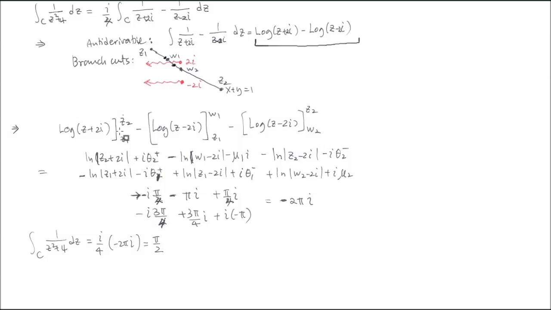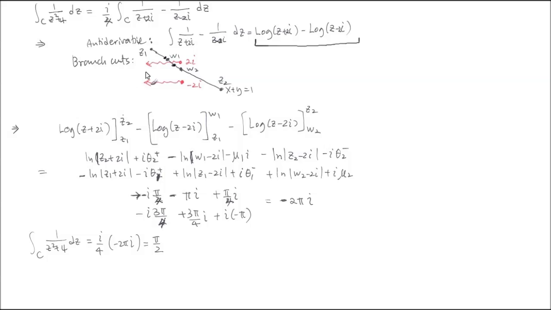So I separated here from z1 to w1. That's the... what am I doing? Let me understand this one. I understand now. The only singularity it is going through is this 2i branch cut, right? The z plus 2i one, that branch cut is not touched.